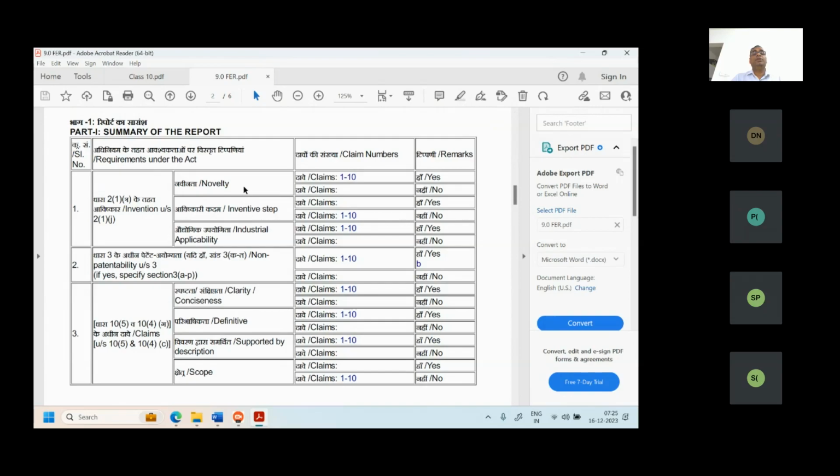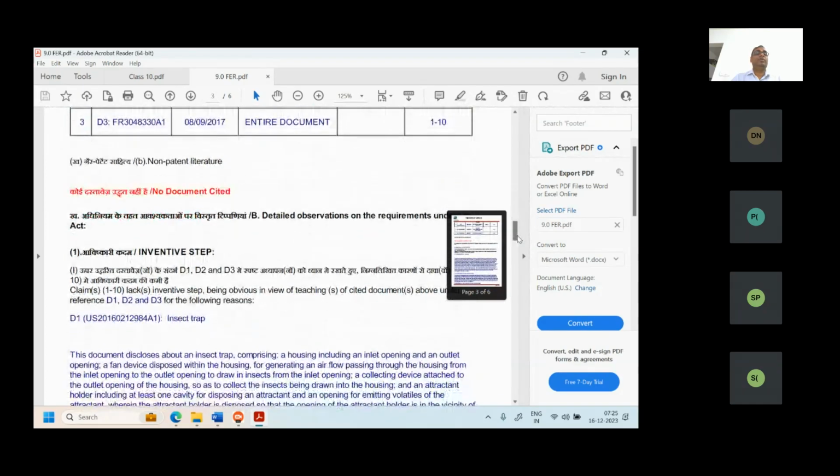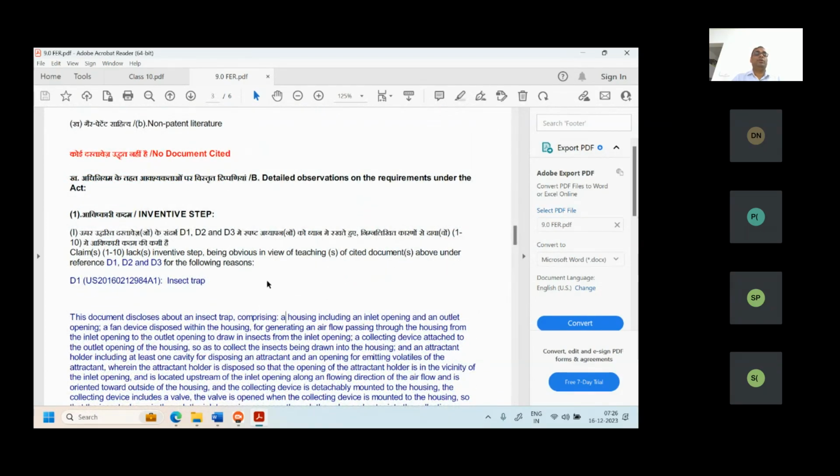Now please see novelty. They have said yes. That means they have not raised any objection on novelty. However, inventive step, they have said no. Okay. And they have raised objection on the inventive step. That's why here comes inventive step. They are saying this is obvious in this view.